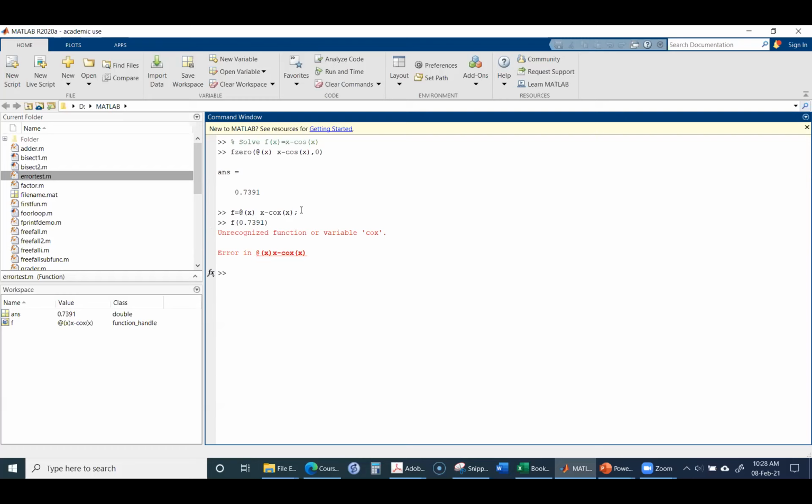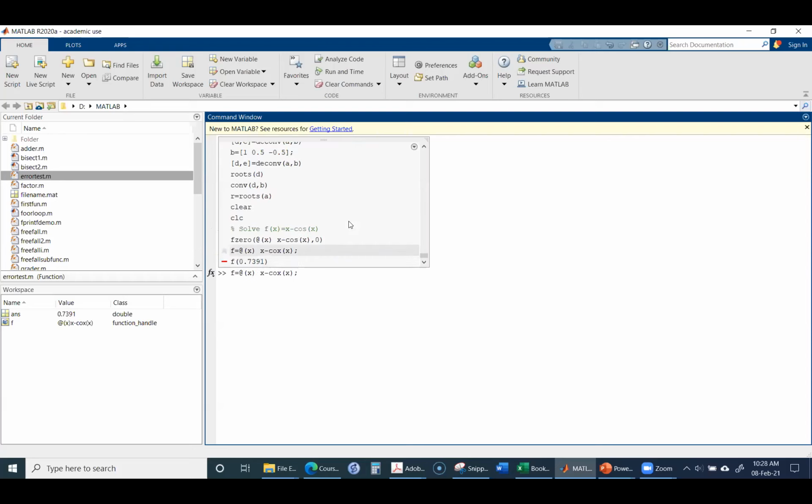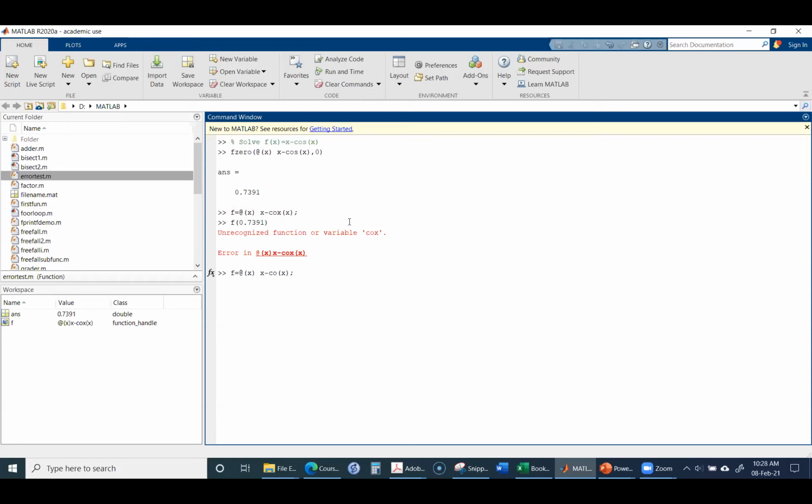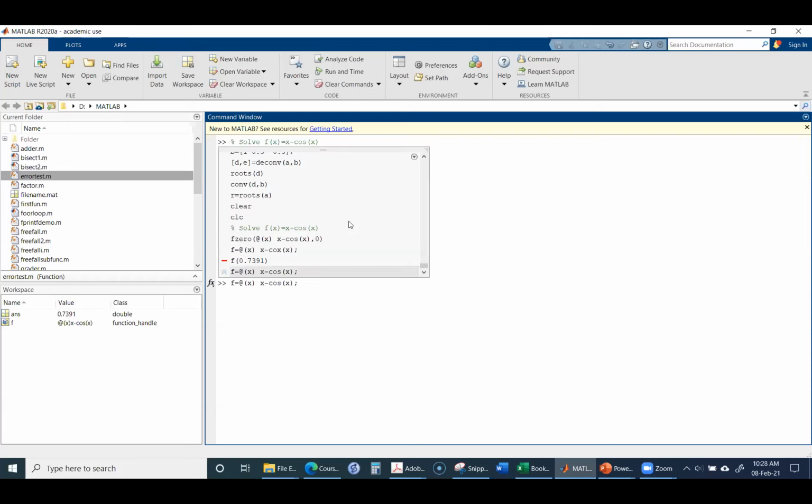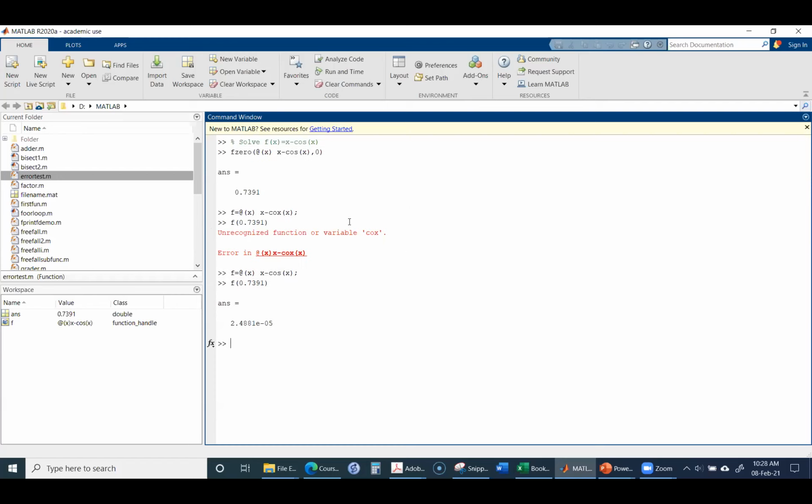I made a mistake over here, so I will correct it. It is cosine of x. Now I repeat the command f 0.7391. So what I can see is I get an answer of 2.488 into 10 to the power minus 5.